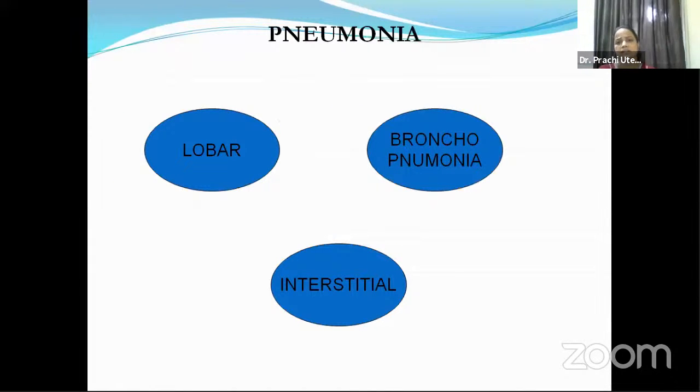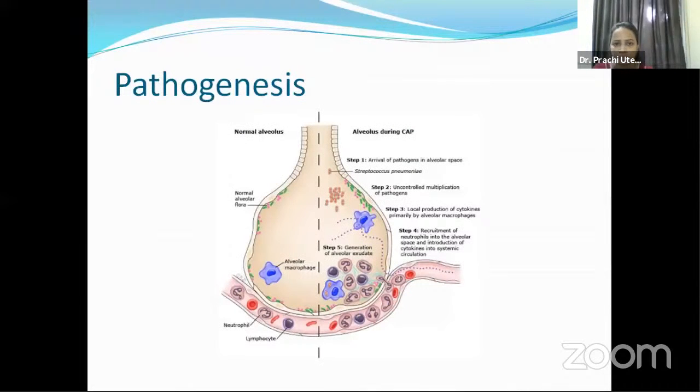Now, as I said, there are three main categories of classification: lobar, bronchopneumonia, and interstitial. Before going to each one, we'll discuss shortly the pathogenesis, how it is developed. When the bacteria or the virus takes entry into the alveolus, then the inflammatory process starts.